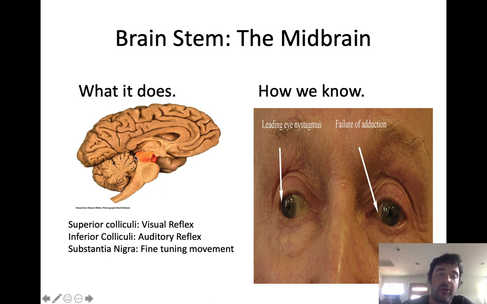Another thing to look at is the inferior colliculus. The inferior colliculus is responsible for auditory reflexes. If you jumped at that, what I did is I just activated a reflex center in your inferior colliculus. Auditory reflexes are things like hearing a bang and contracting your muscles in such a way to take on a protective posture.